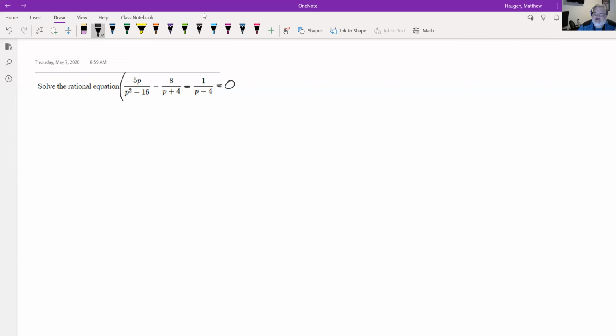So the fact that it's nicely factorable into the pieces we have, you're absolutely right, does mean that to clear that out, all we have to do is multiply by the p squared minus 16.